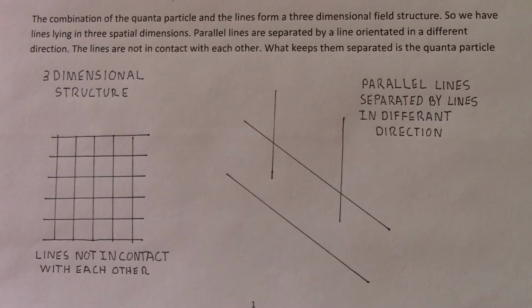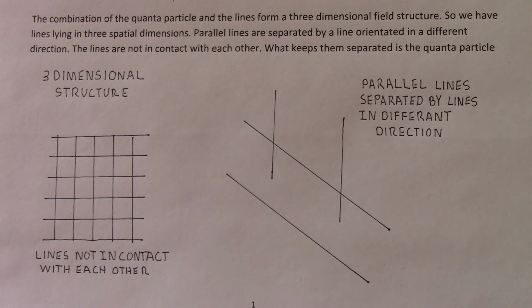Now, the combination of the quanta particles and the lines forms a three-dimensional field structure. So we have lines orientated in three spatial dimensions. Parallel lines are separated by lines orientated in a different direction. However, the lines are not in contact with each other.